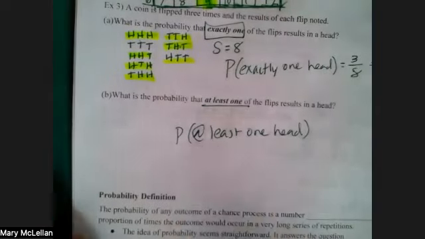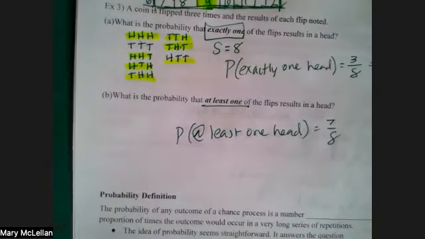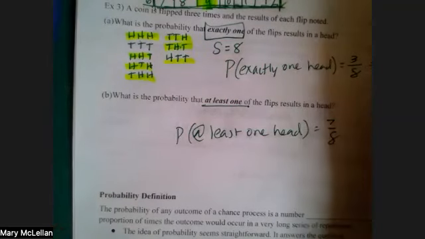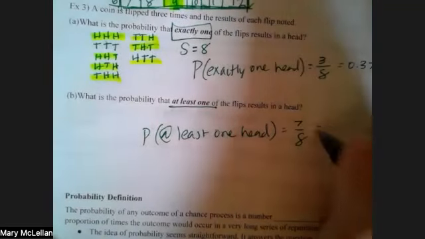The only thing I can't have is 3 tails, because I just need at least one of them to be a head. It's okay if more than that are. And that probability is 7/8, because all except one of the 8 results in at least 1 head. In decimal form, that would be 0.875.